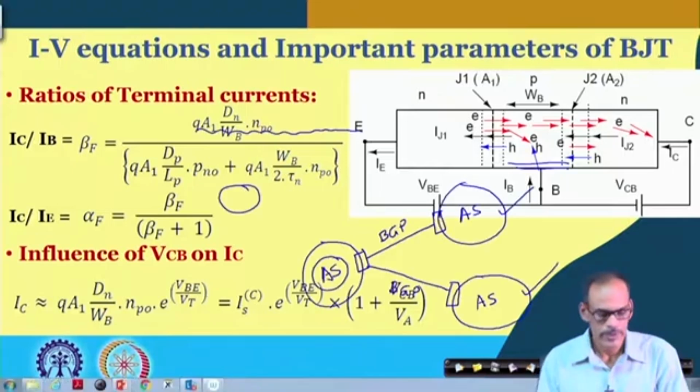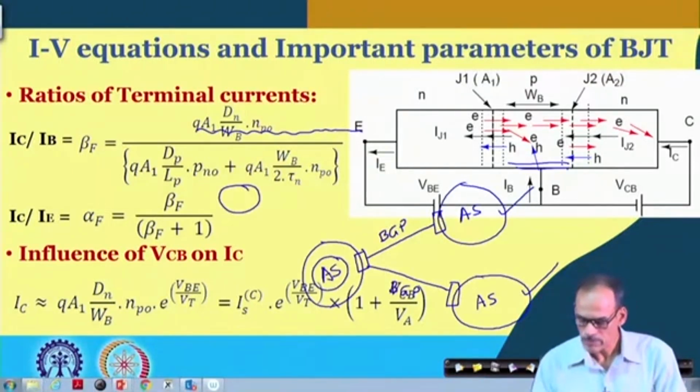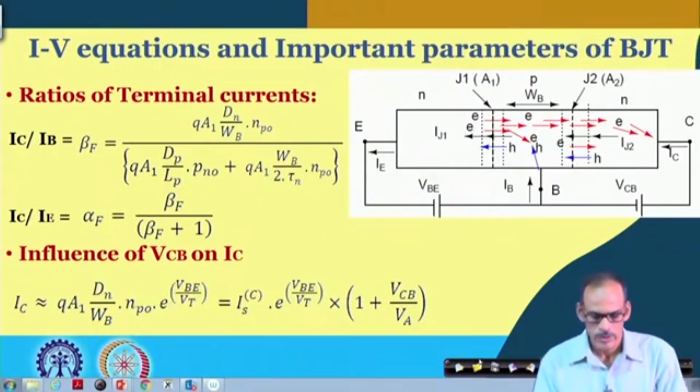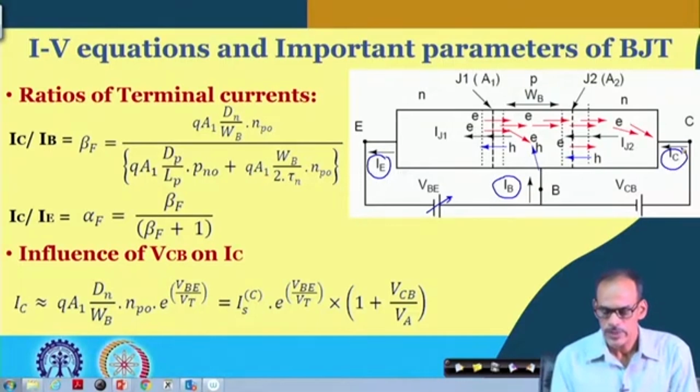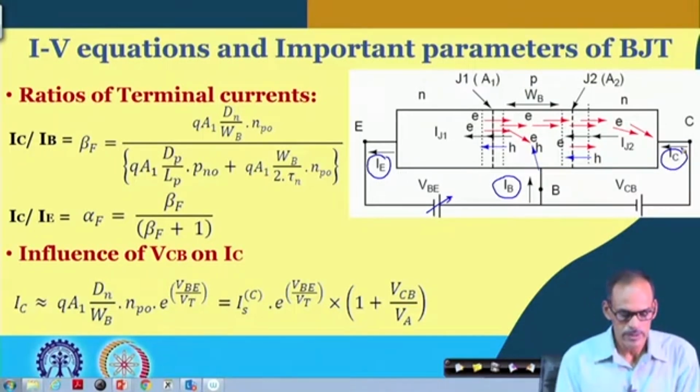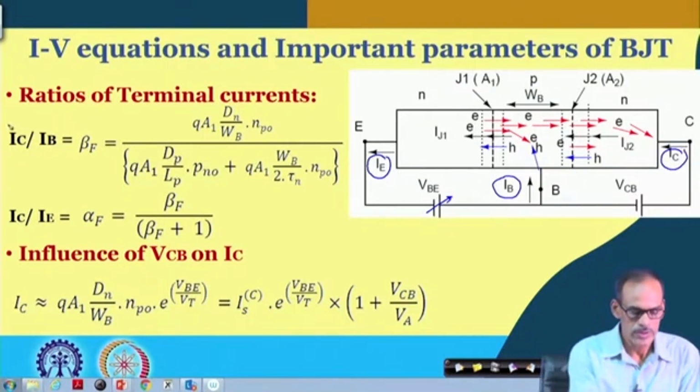What we have discussed here is biasing, and how we vary the junction potential, particularly the VBE, and then observe the base current, the emitter current, and the collector current. Their dependencies are represented primarily by these two equations.